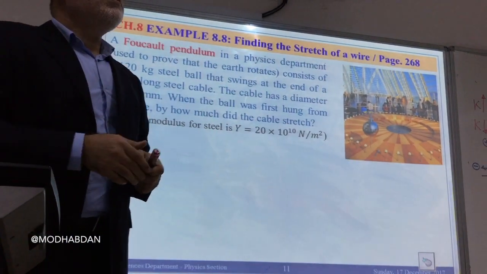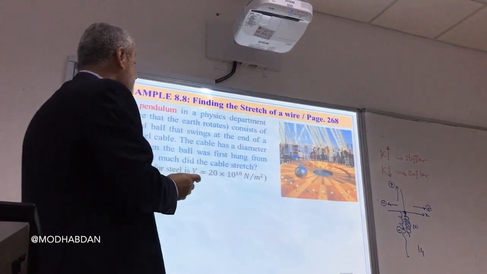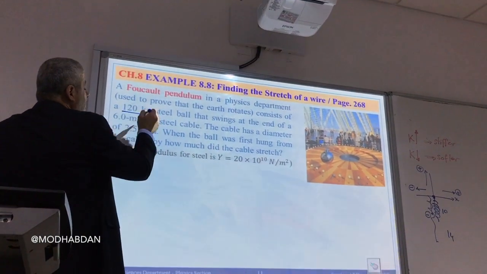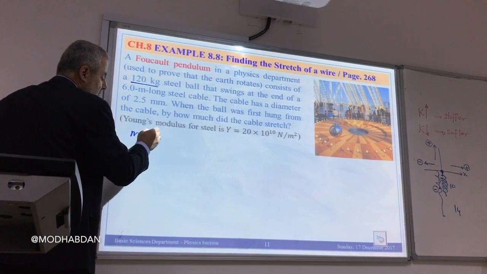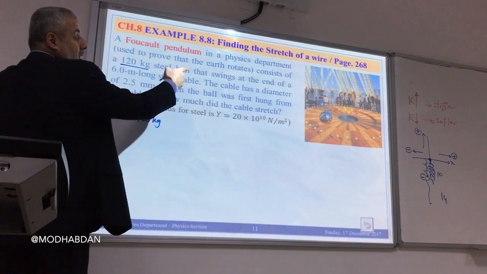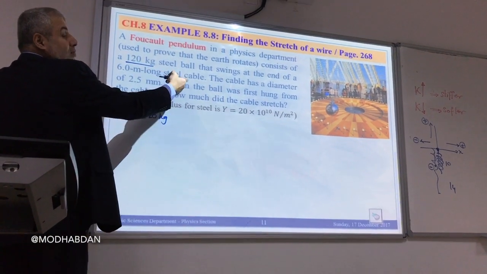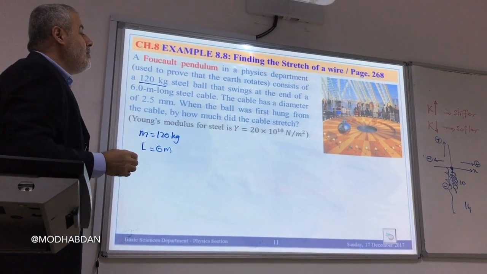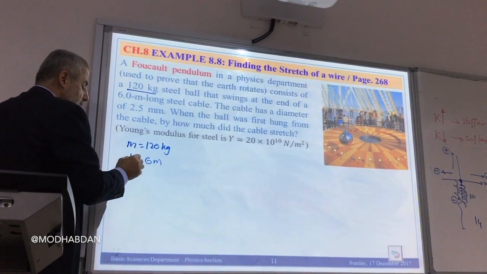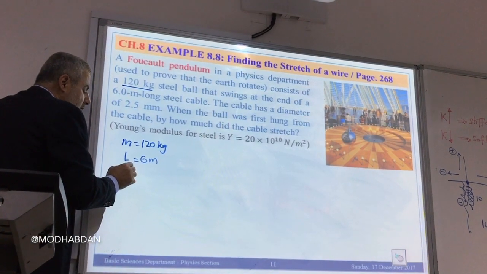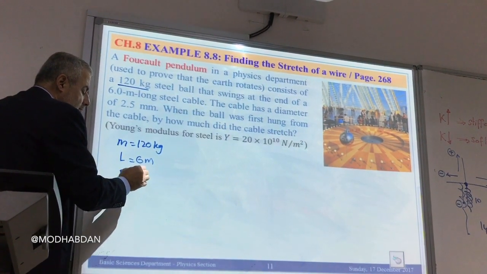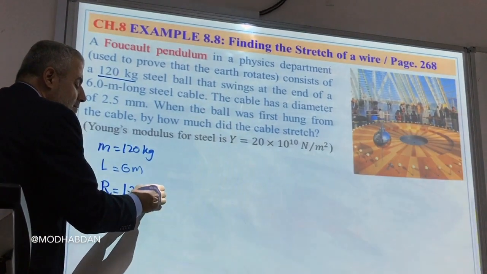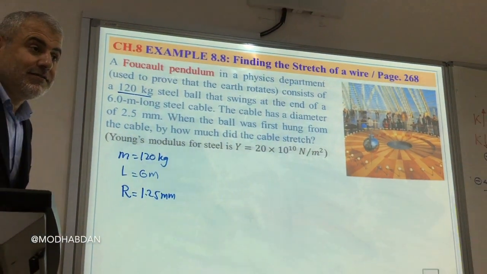write all the details that you have in the question. I will write here. We have 120 kilogram. This is my mass. Okay, 6 meter long steel. What is this? 6 meter. Okay. The cable has a diameter of 2.5 millimeter. So can I say the radius? How much is it? Is that right? 1.25 millimeter radius.